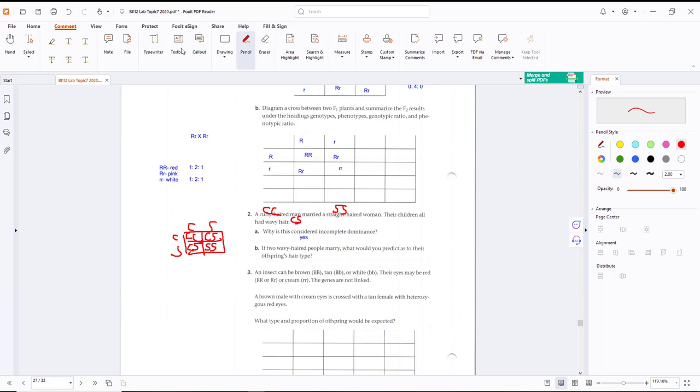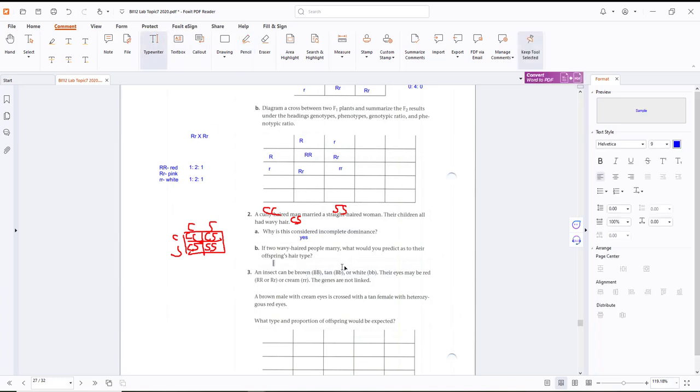So what would their offspring be? They would be curly, straight, and wavy. They'd have all the possibilities. Okay? So there's 50% chance that they would have the same hair type as their parents. There's a 25% chance that they'd have curly hair, 25% chance that they'd have straight hair.